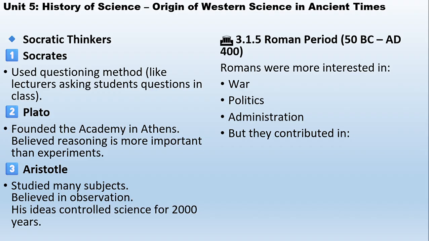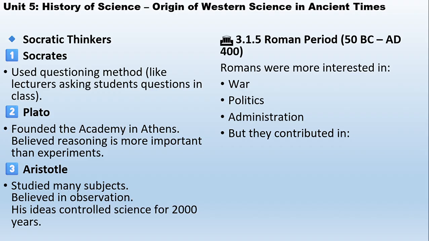He was a student of Plato, the second philosopher, and he was able to study many more subjects than Plato. This made his ideas control science for 2000 years. His observation, his experiments, his theory, everything he did controlled science for 2000 years before another thing came up.